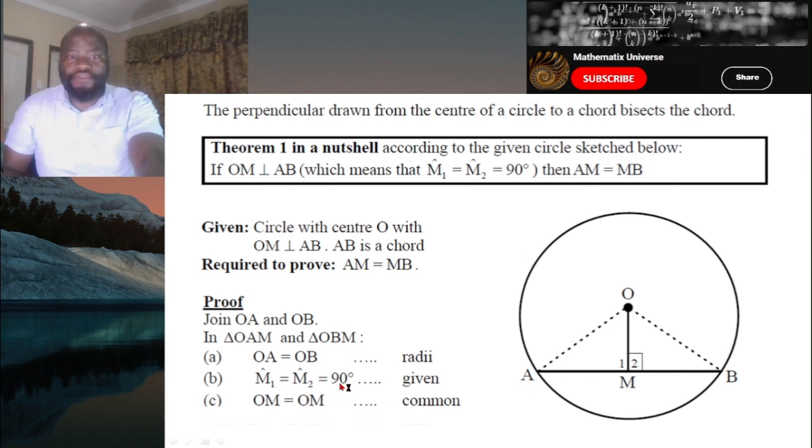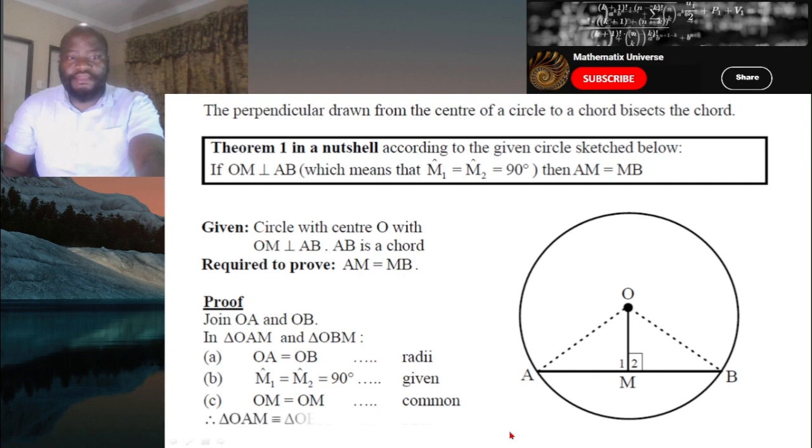Now we've mentioned two sides and an angle, and even though the angle is not included between the sides, because it's 90, this is the fourth case of congruency.